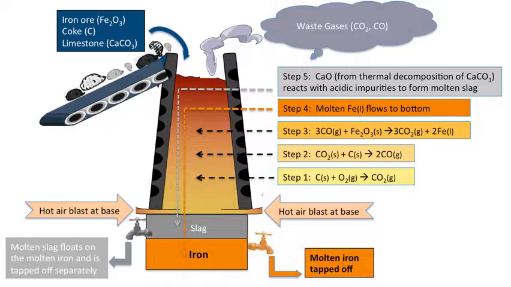And essentially the carbon reacts to form carbon monoxide, which reacts with the iron ore to produce iron metal, which can be melted off at the bottom because it will sink, and the carbon dioxide comes off as a gas.